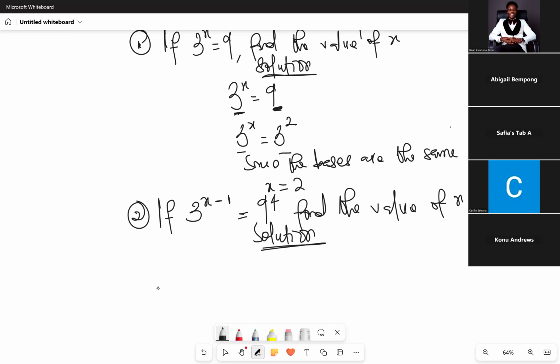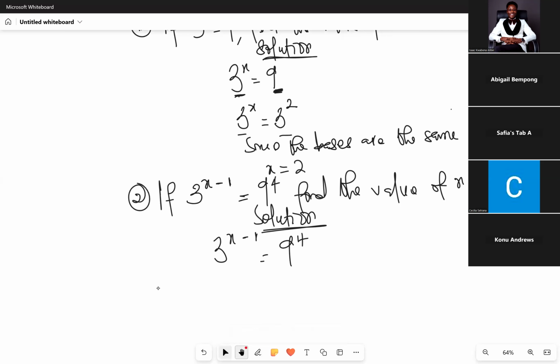If you can't do it, don't force it. So here, 3 exponent x minus 1 equals 9 exponent 4. What can we do here? Can we express it on the same base? Yes, sir. So help me do that.